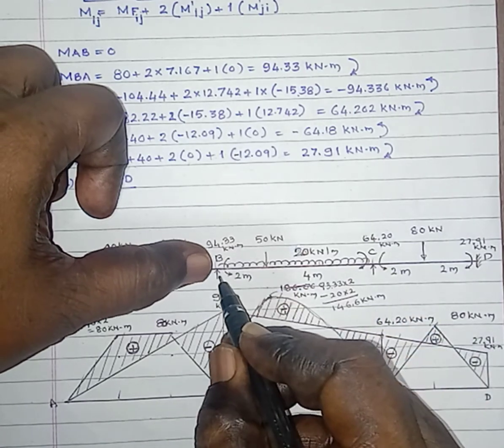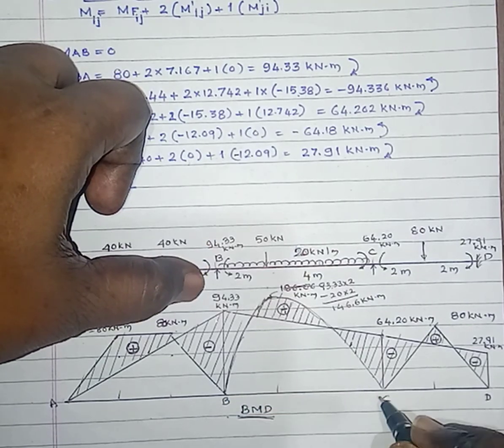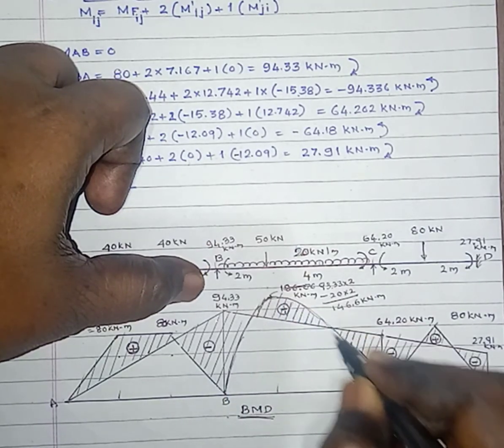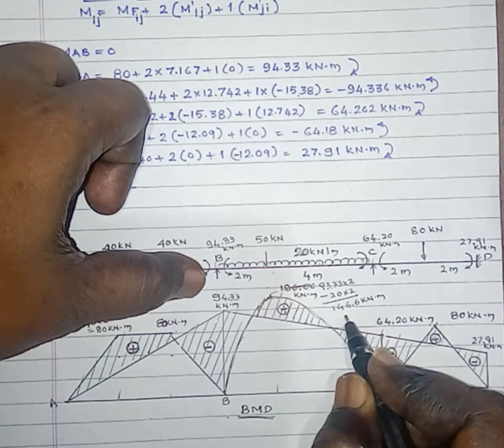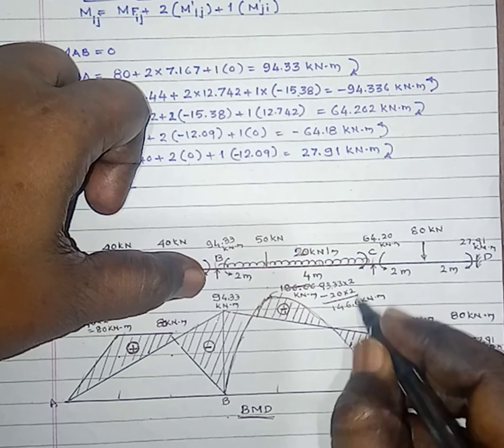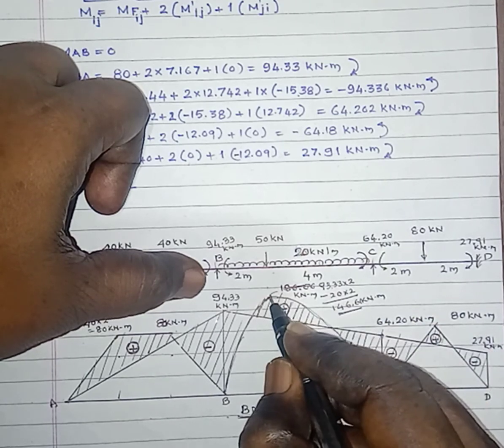Here it is subjected to point load as well as UDL. The bending moment variation at support, the bending moment is 0 and the maximum bending moment occurs below the point load, that is 146.66 kilonewton meter below the point load. This is the magnitude of the bending moment.